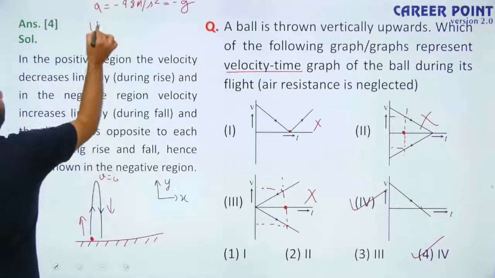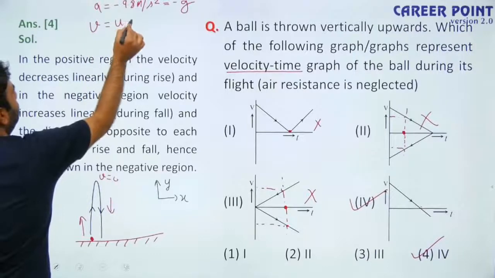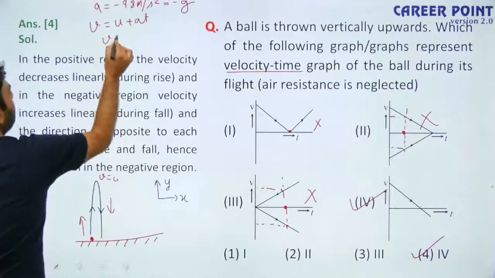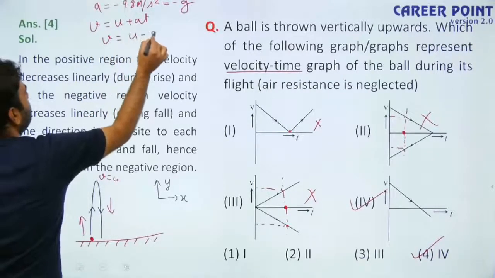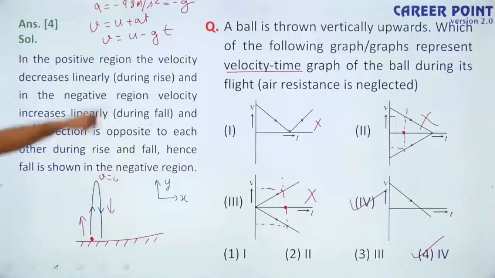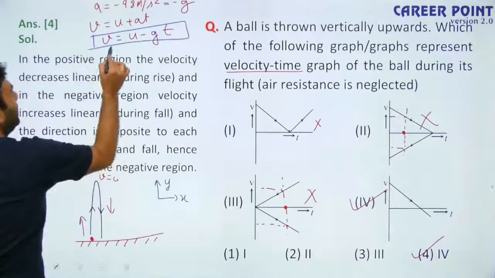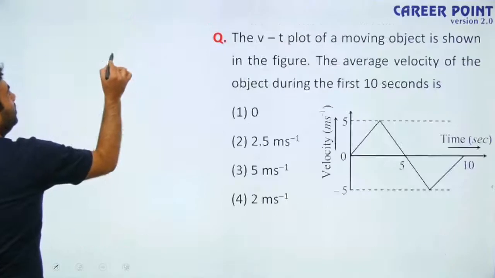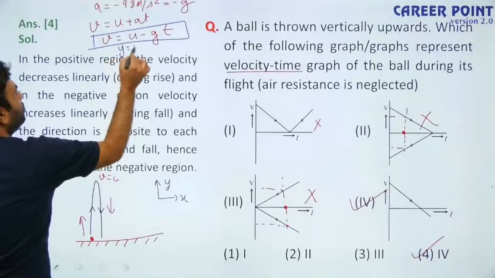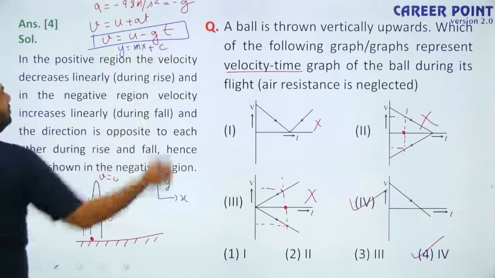So we know that v is equal to u plus at. That means v is equal to u minus gt. Which kind of graph is it? This is the equation of a straight line. Compare it with y equals mx plus c.